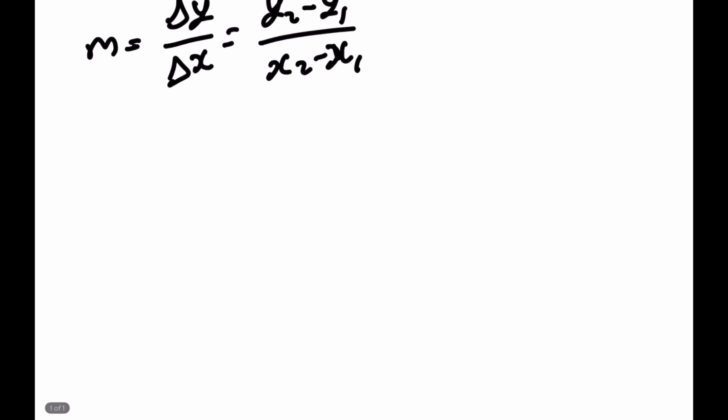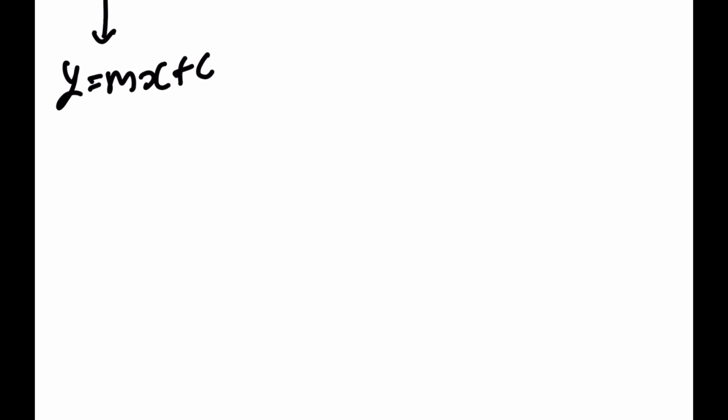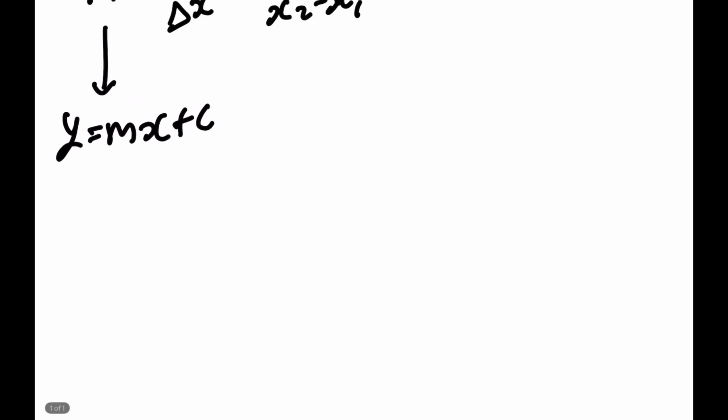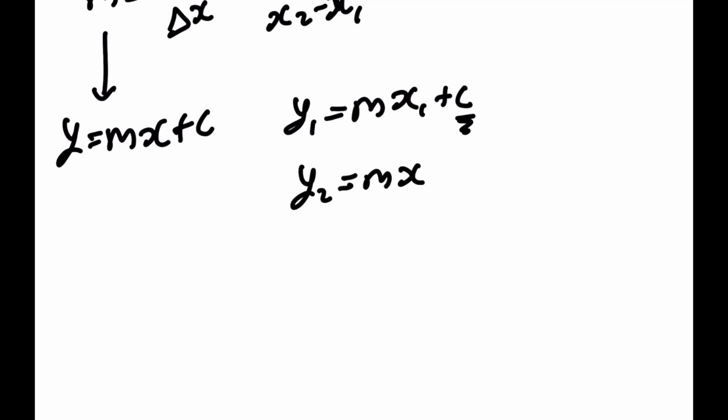Now you can substitute the value of m into y equals mx plus c, a general formula like this, and you know what the value of m is. Then just substitute either y1 is equal to m x1 plus c to find what c is, or you can do y2 is equal to m x2 plus c to find what c is.